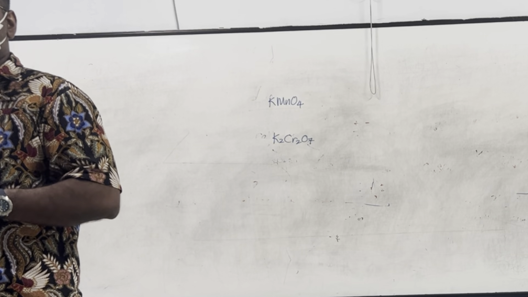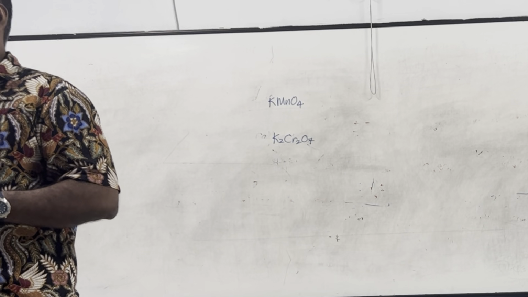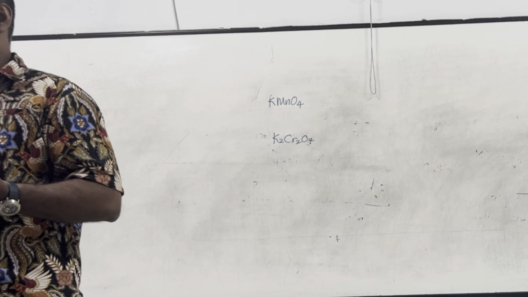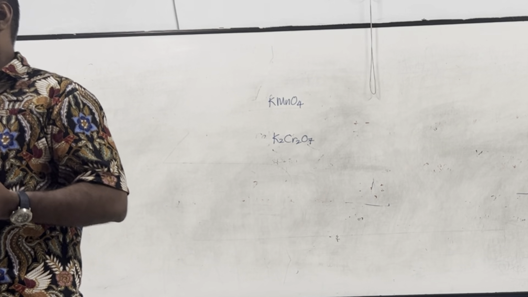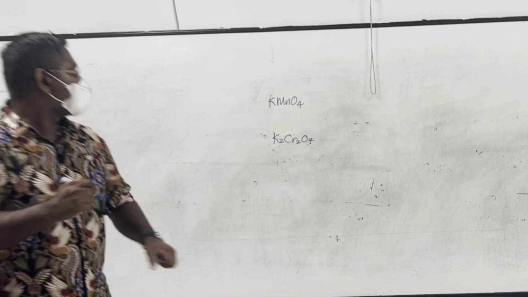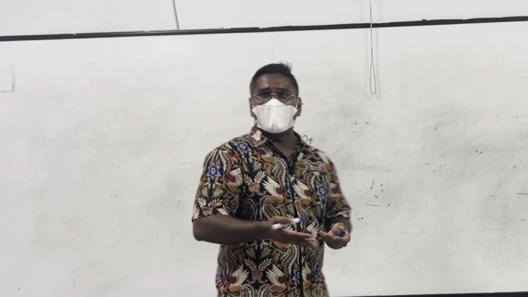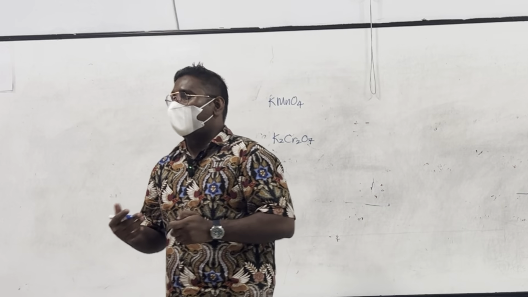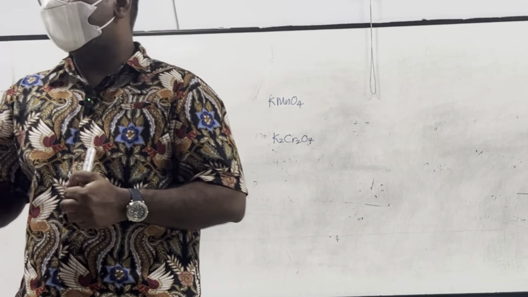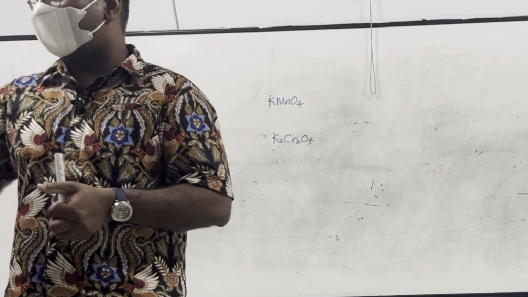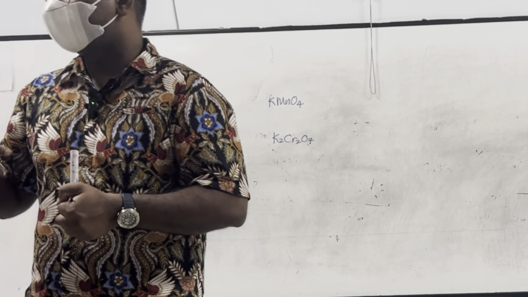In chemistry, we have an oxidizing agent, or we can call it an oxidant. Now, what is an oxidizing agent? An oxidizing agent is something that can oxidize others, but itself will get reduced.